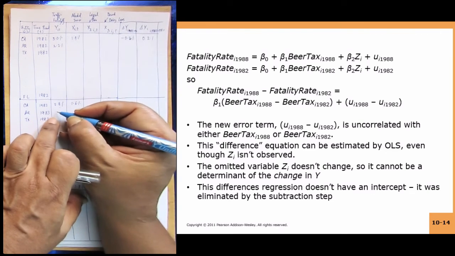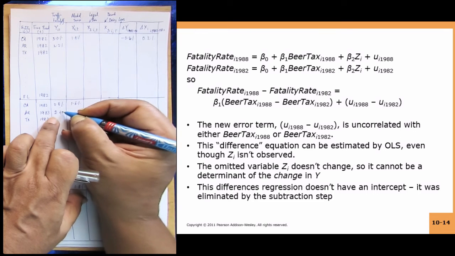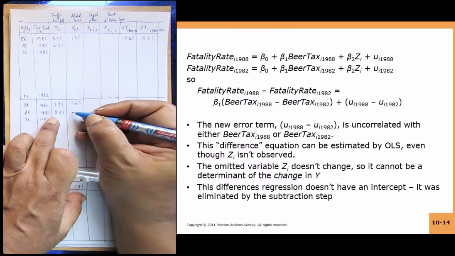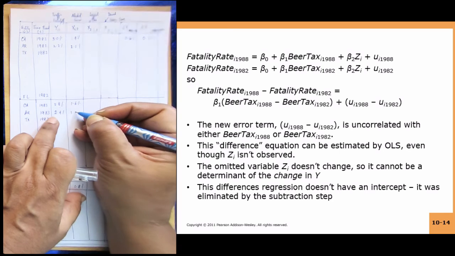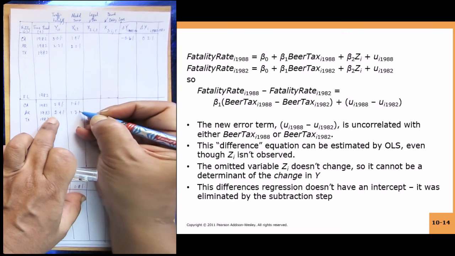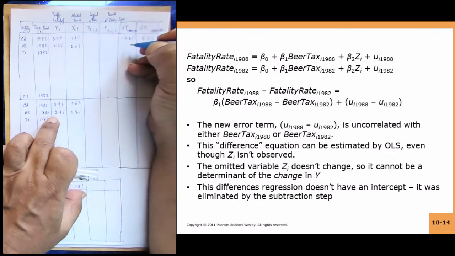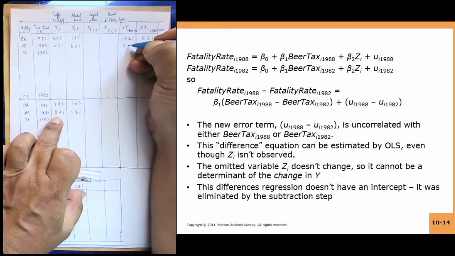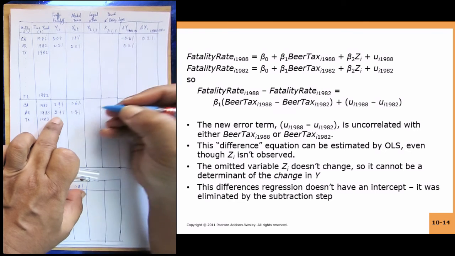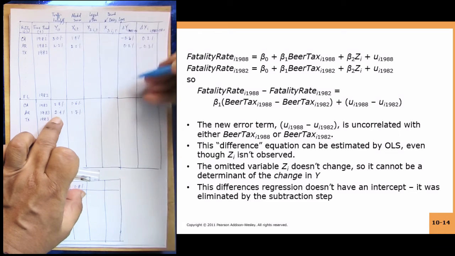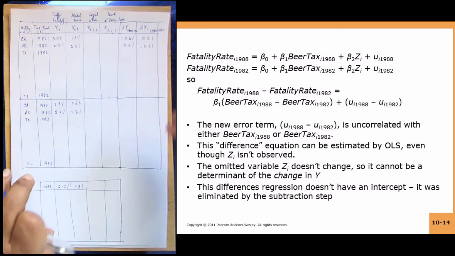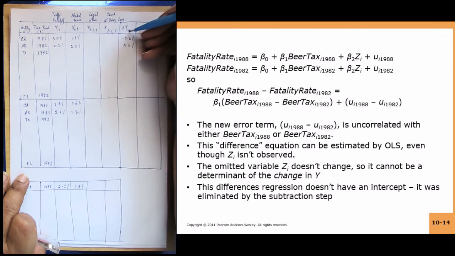Similarly, if you had 2.4% and 2% and 1.7%, you would have 2.2 to 2.4, you have 0.2% and you have minus 0.3%. So now you are creating another changes dependent variable. This is your new dependent variable.